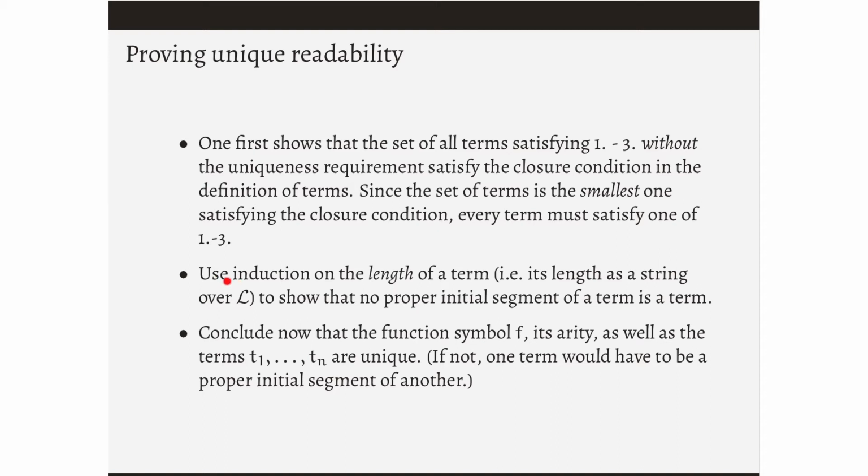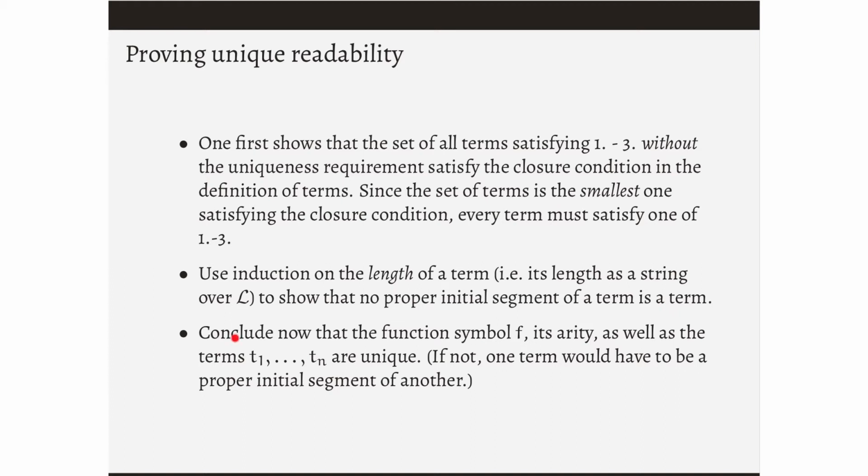In the second step, you use induction on the length of a term, together with what you showed in the first step. The length of a term here means not the height, but its length as a string, just the number of symbols in the sequence, to show that no proper initial segment of a term is a term.